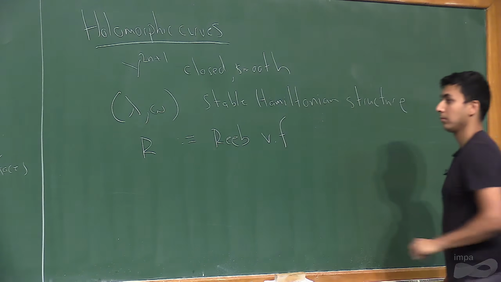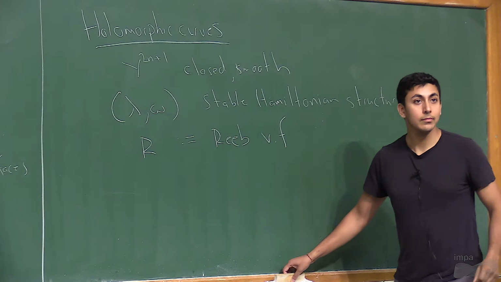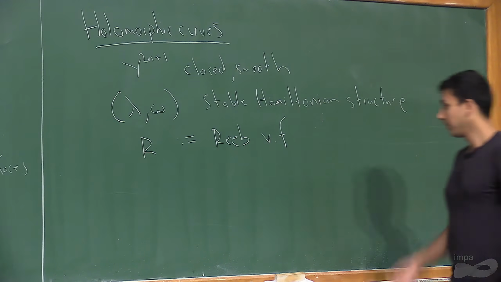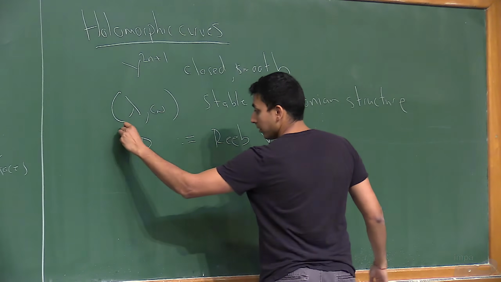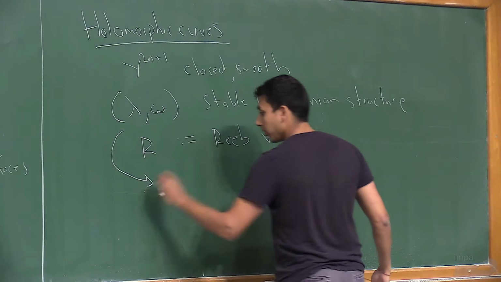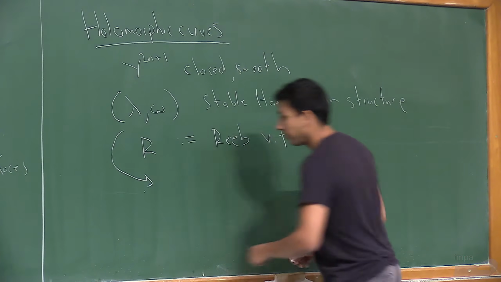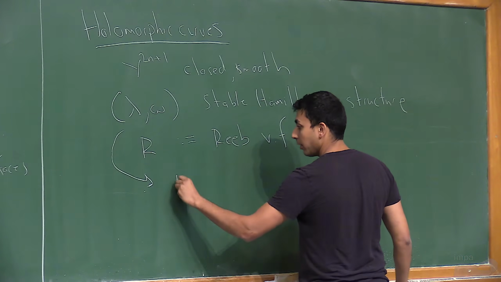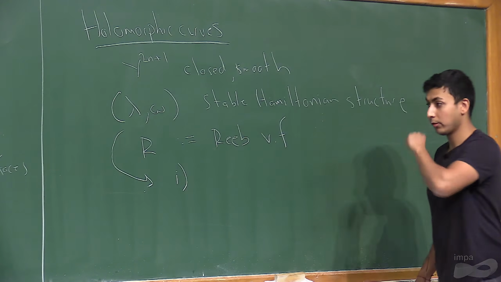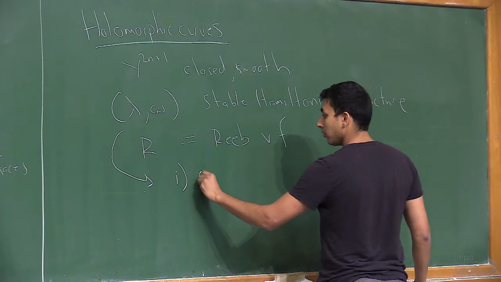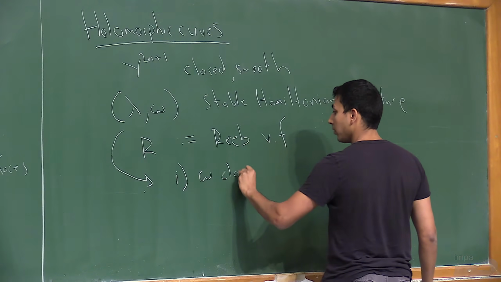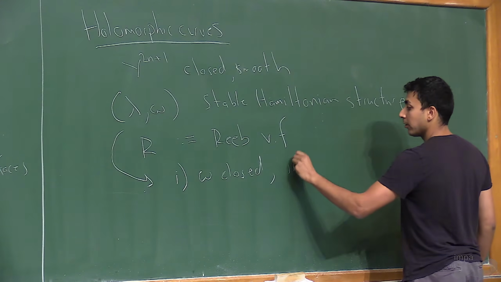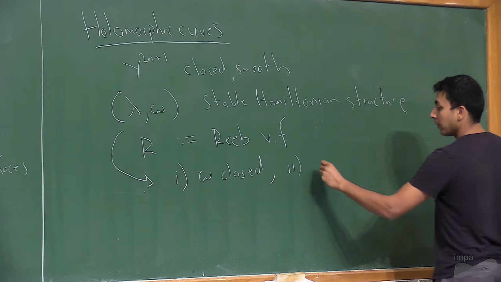Can you say a little bit more about the definition of a stable Hamiltonian structure? I can, yeah. It's a stable Hamiltonian structure if it has the following properties. One is that omega is closed. The second property is essentially that omega is maximally non-degenerate.